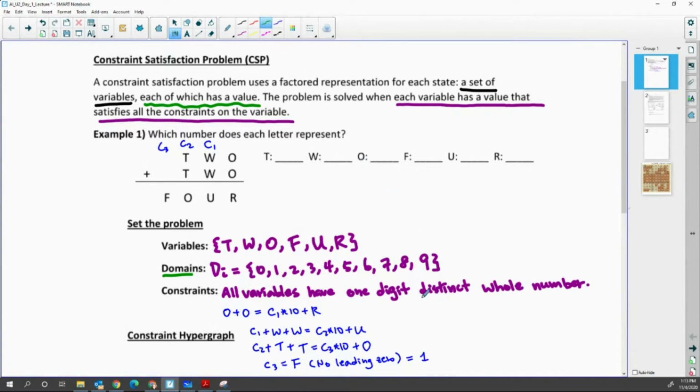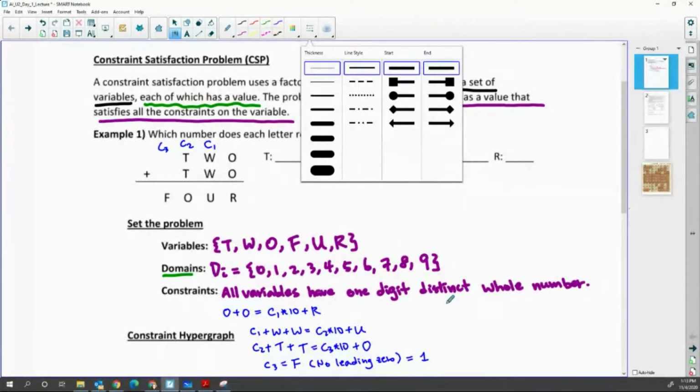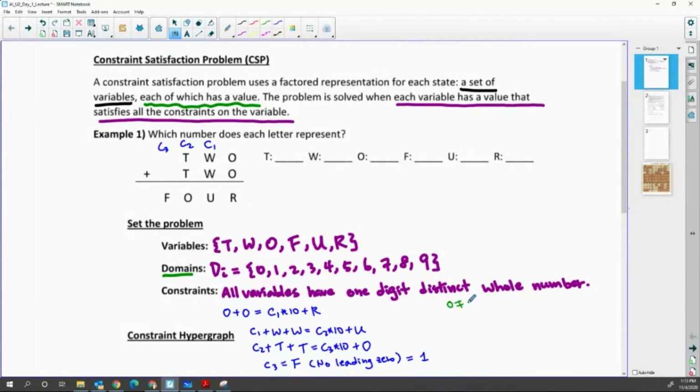We can also write this out differently: O is not the same as W, O is not the same as R, O is not the same as T, O is not the same as U, O is not the same as F. Then you can also write W is not the same as U, W is not the same as R. You can list all of them too. When you write the code, you probably will write this in a loop.